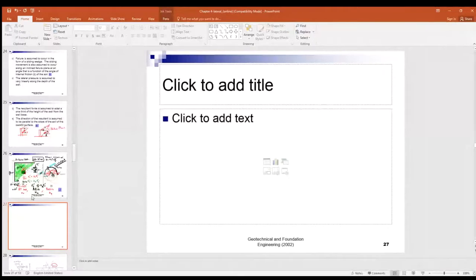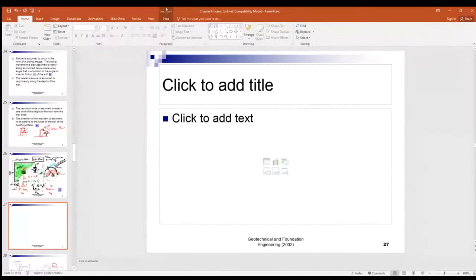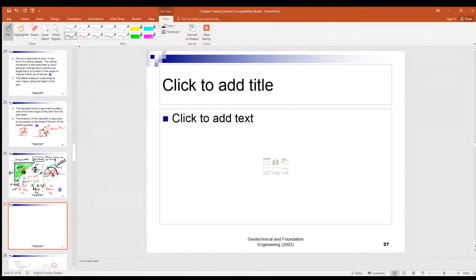What about here? What about if the retaining wall is moving out?